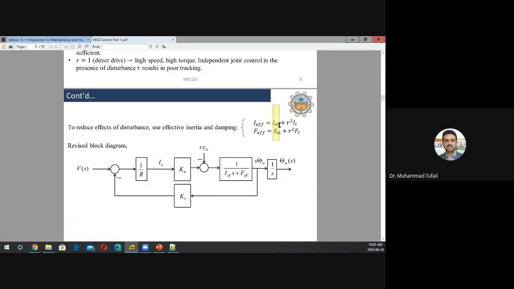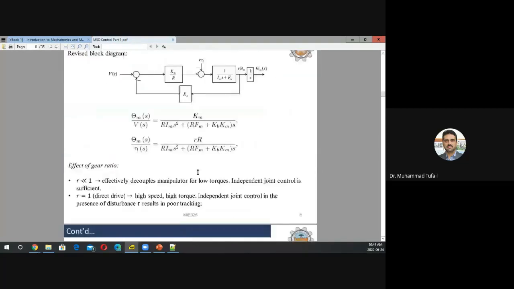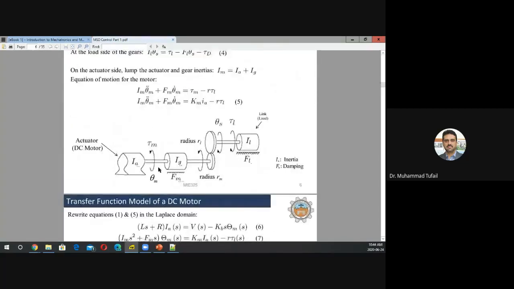So this is the motor inertia, Im, and this is the inertia of these two guys, the sum of these two. But if you want to sum it up with these, definitely it has to go through, you're looking at the other side of the transmission. So you have to multiply it with r squared.